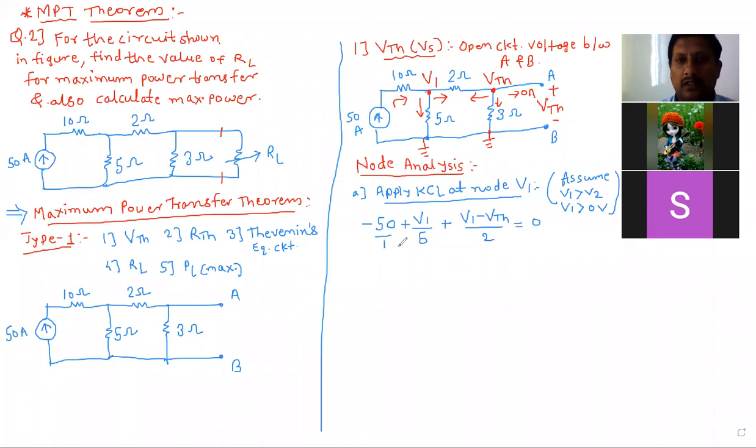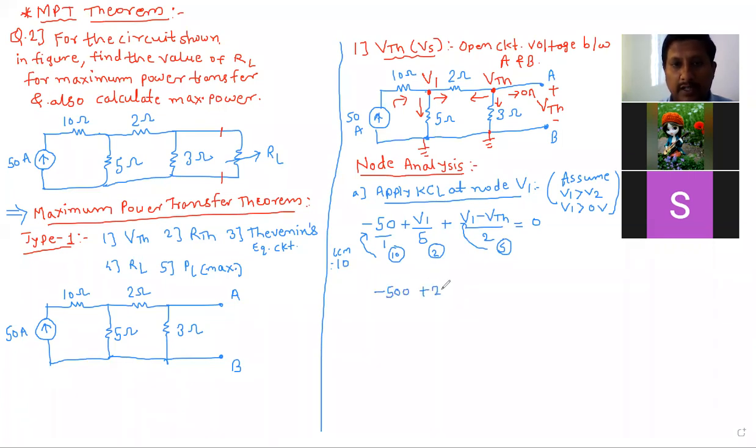Now there is a 1 below the 50. So the LCM of 1, 5, 2 is 10. So here multiply 10, multiply 2, multiply 5 with respect to the numerator. So 10 into minus 50 is minus 500.